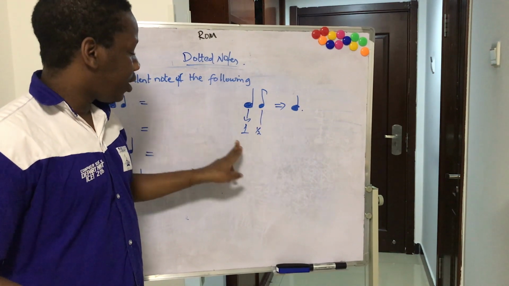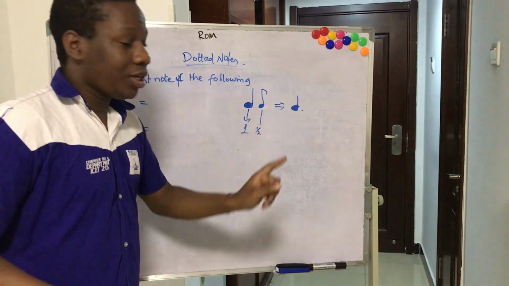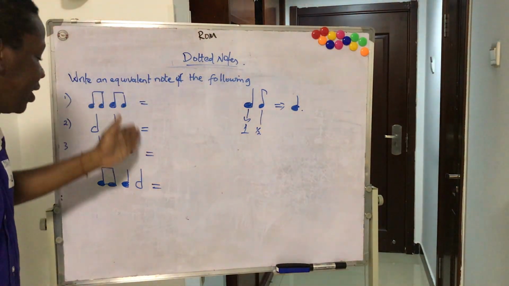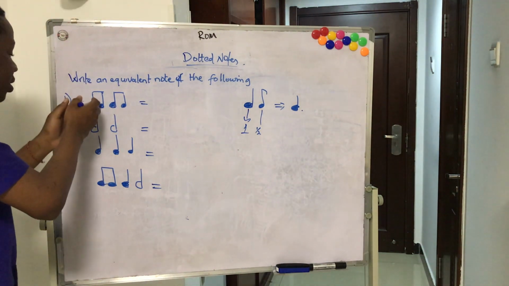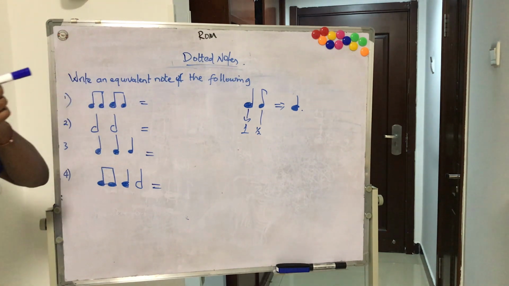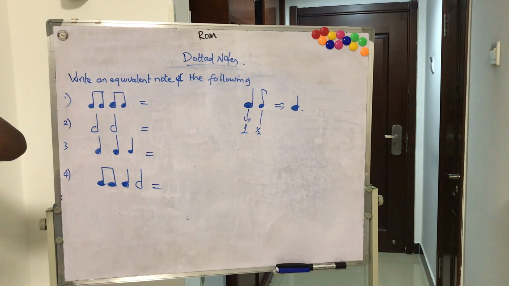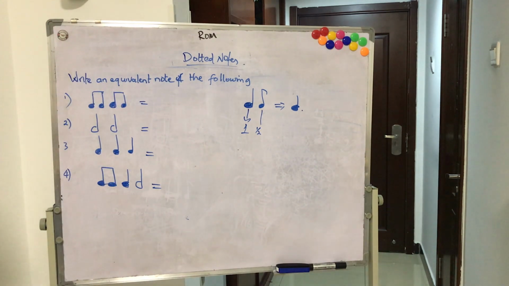That's what I mean by one equivalent note. It doesn't mean all the answers will have dots, but just calculate the number of beats of these notes put together and see what note is equivalent in beats.